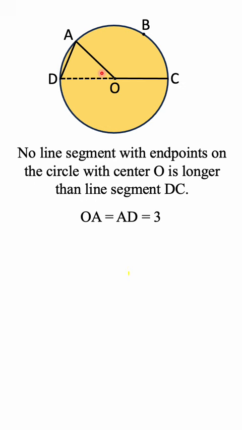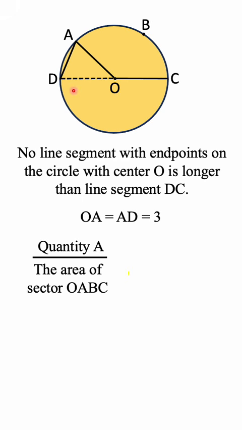We know that AO is the radius, and DC is a diameter, so half of it, OD, is also a radius. So these two are equal, which means that this triangle would be equilateral.